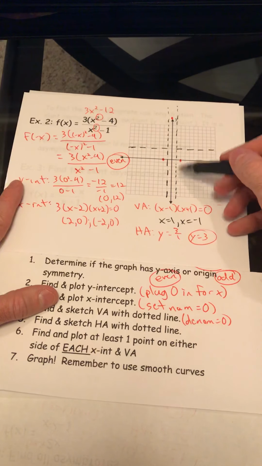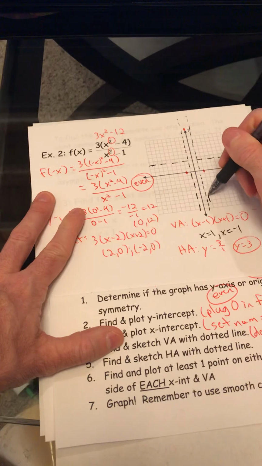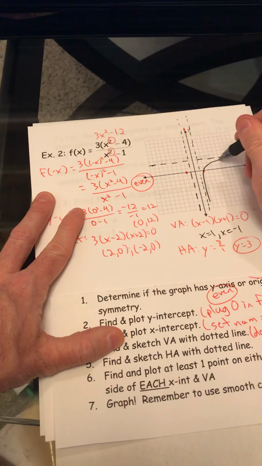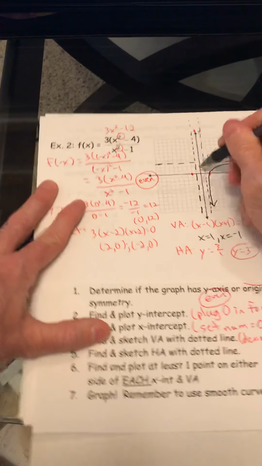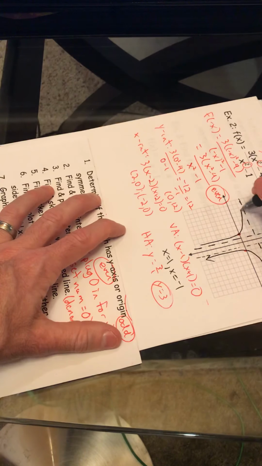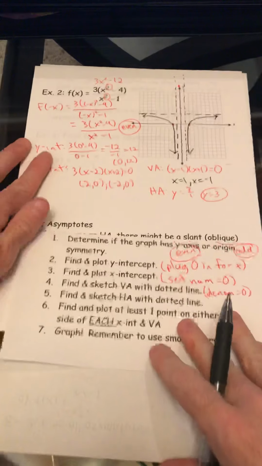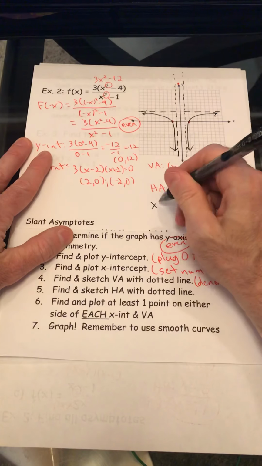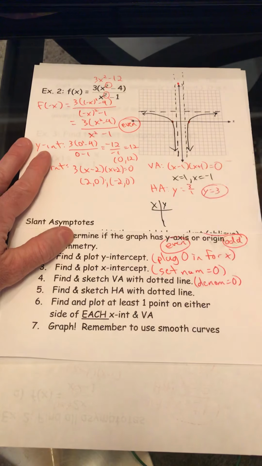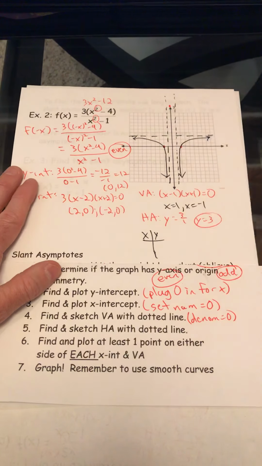Well, we know it doesn't cross the vertical, it doesn't cross the horizontal, so I can actually sketch this part and this part. And then in the middle, we will need one additional point. Kind of ugly, unfortunately, since that's at 0 and these are negative 1 and 1.